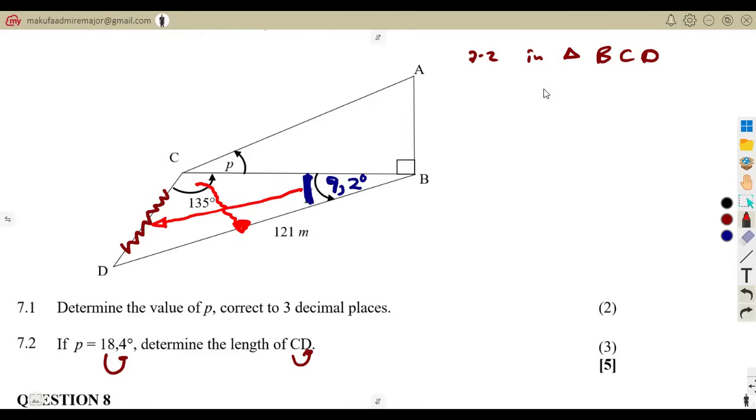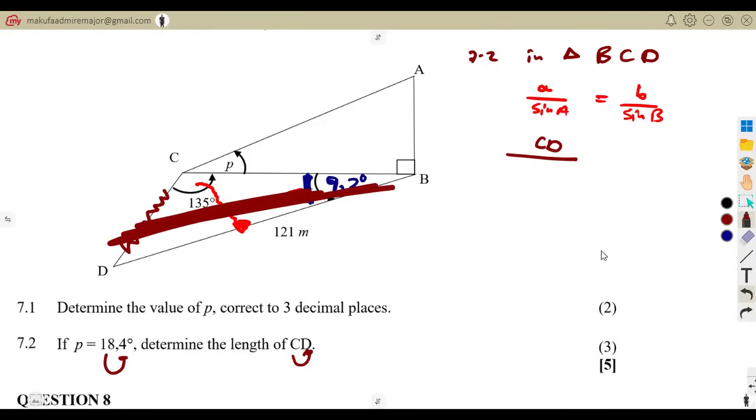So remember your sine rule, guys. A over sine A is equal to B over sine B is equal to C over sine C. These are sides to be calculated, any side. So which side are we calculating? CD. So it is going to be CD over the sine of the angle corresponding to CD.